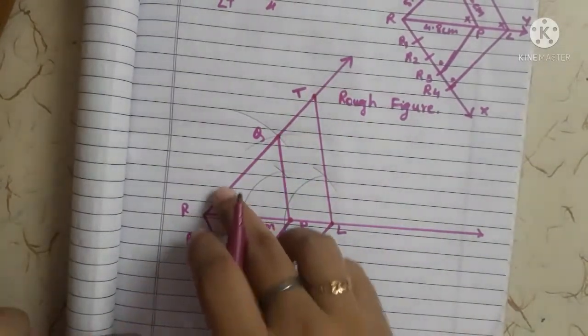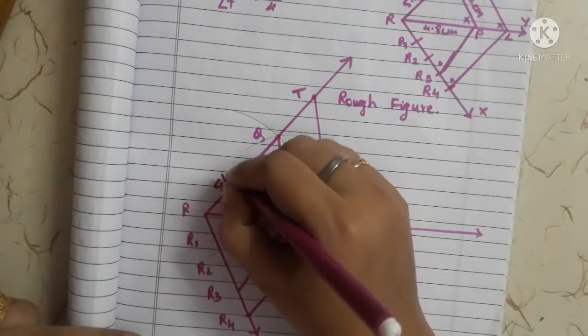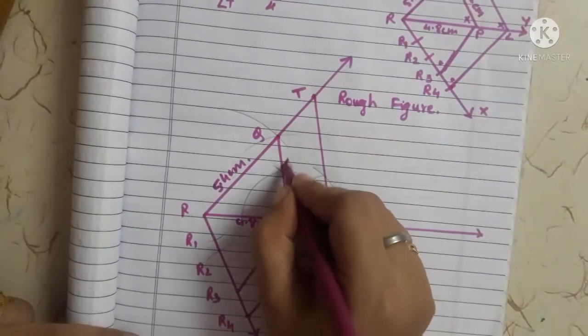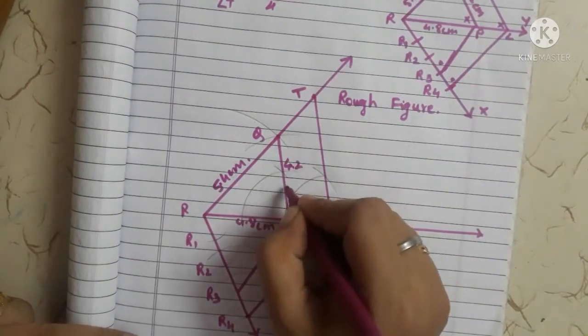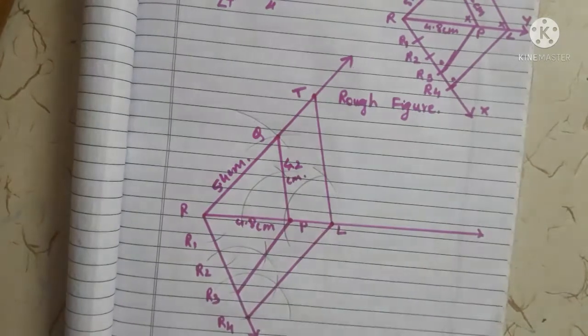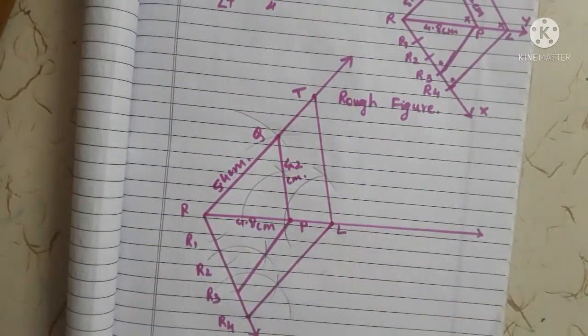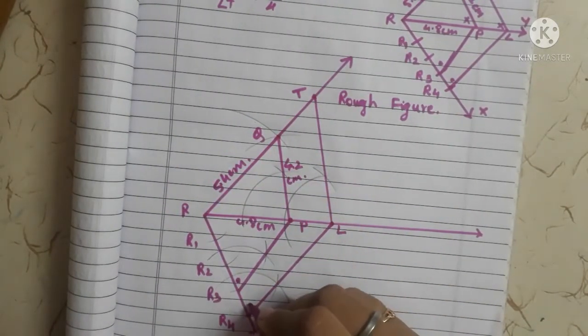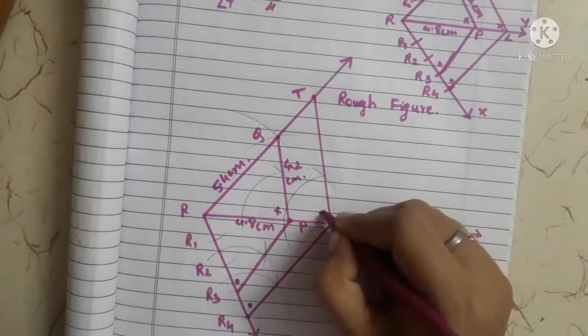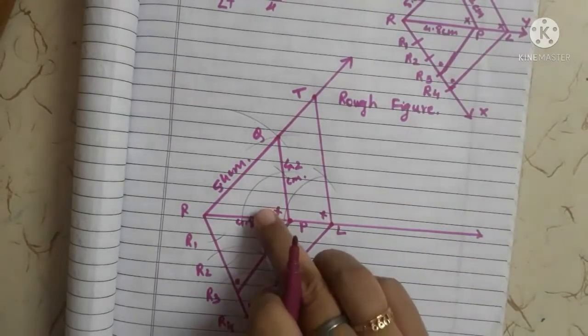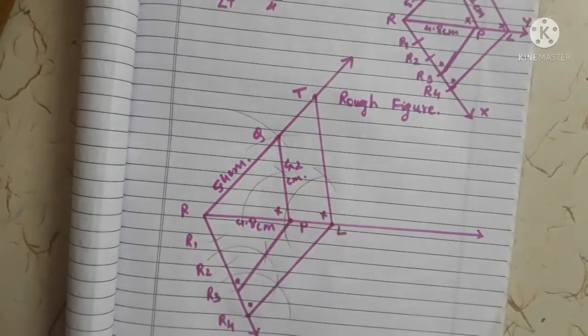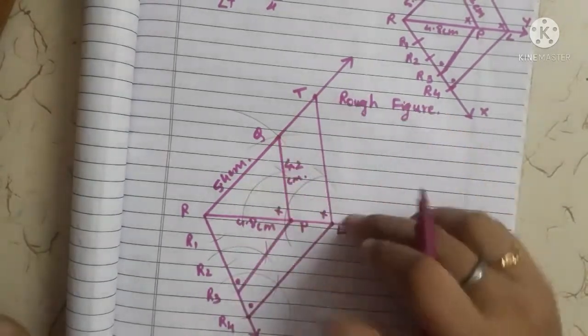Here the measurement is 5.4 centimeter and this is 4.2 centimeter. So children, like this you have to draw the perfect figure, and we know that this angle and this angle are the same and this angle and this angle are the same. Just now we used the compass to draw the lines parallel.